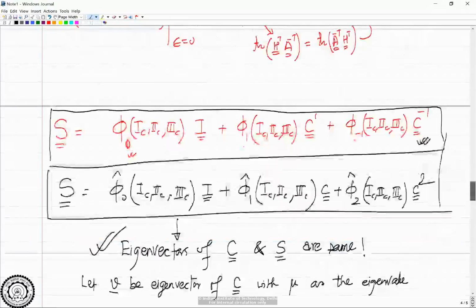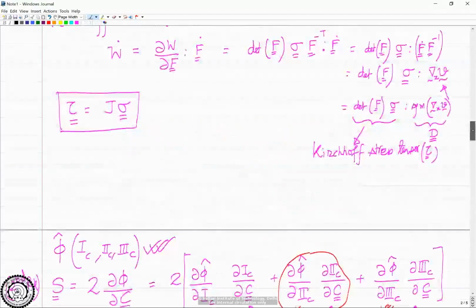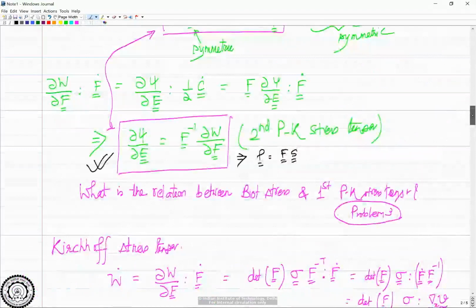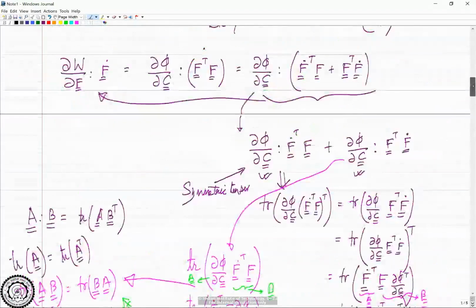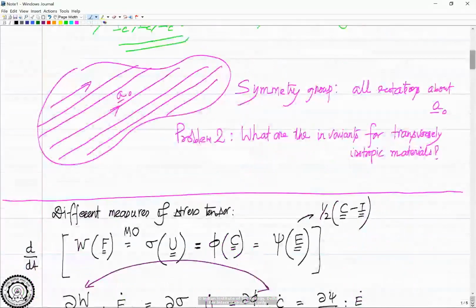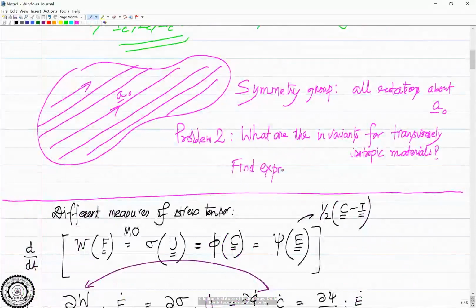And as I told you, I am going to modify assignment 2. Let me go up. And problem 2. What are the invariants for transversely isotropic materials? This you can find out from the internet. And furthermore, find the expression of S for such materials.